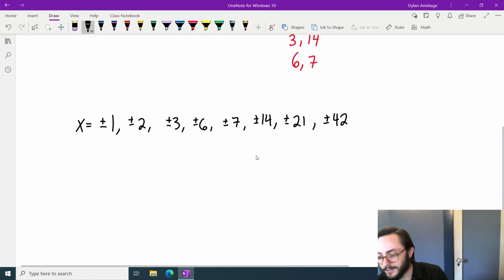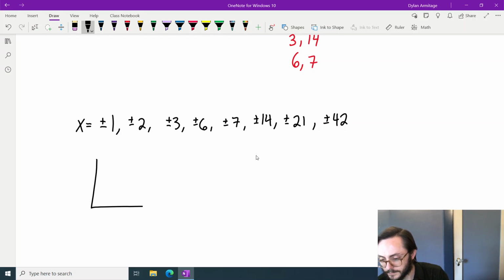Okay, we're going to set up our synthetic division. Let's hope I don't make any mistakes when we synthetically divide.